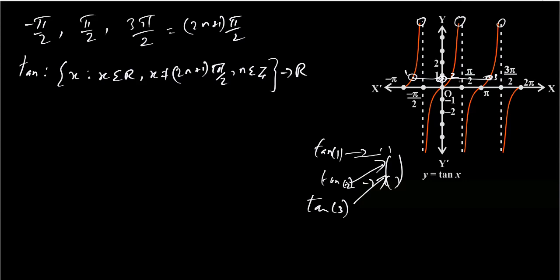So if we want to get the inverse, let me divide this whole region into branches. Let me take from minus pi by 2 to plus pi by 2.